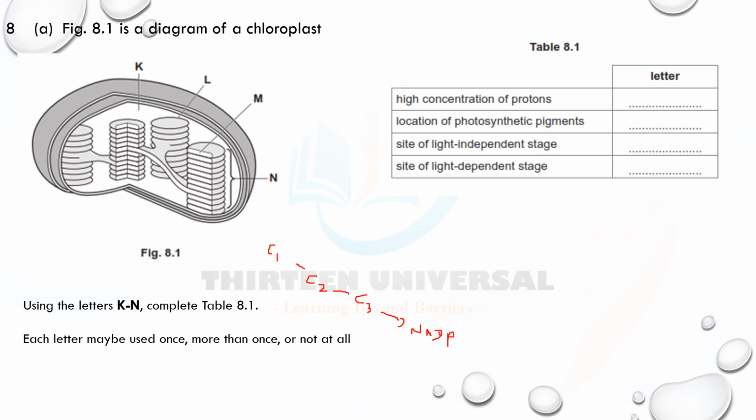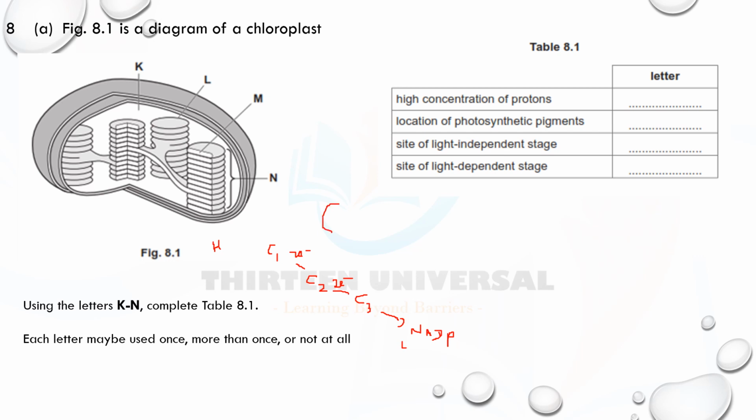The electrons move from one carrier to another, moving down the energy level. This is high energy level, this is low energy level. So the energy released is used to pump protons. This is very important.